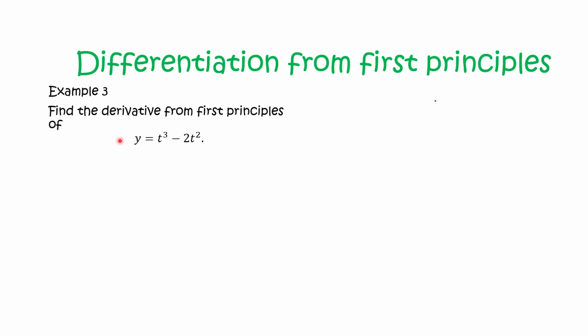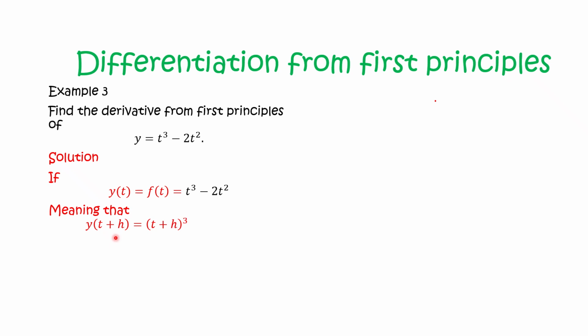So in example 3, we have the function given to be y is equal to t cubed minus t squared. The solution. Now, if y of t is equal to t cubed minus t squared, this means that y of t plus h is going to be given by t plus h all cubed minus t plus h all squared.